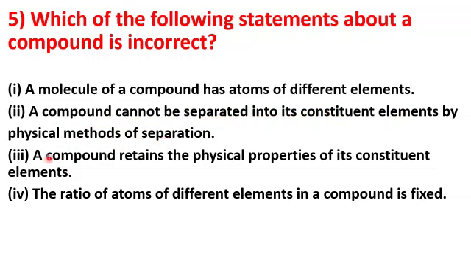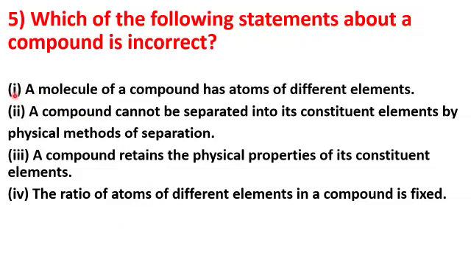Third statement. A compound retains the physical properties of its constituent elements. Fourth statement. The ratio of atoms of different elements in a compound is fixed. So from all these four, you have to choose the one which is incorrect.